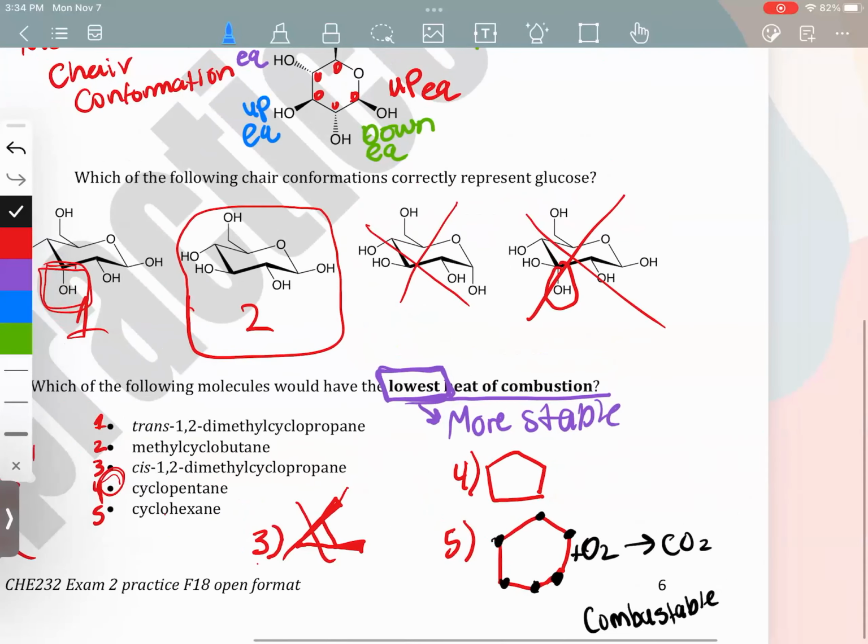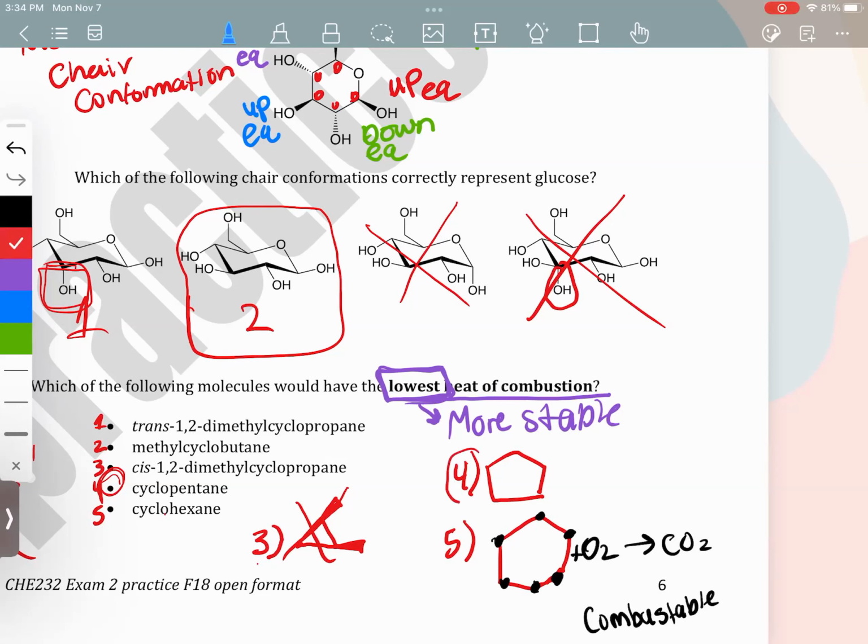Questions? I know he said in the PowerPoint that there was something with cyclopentane and combustion. Yeah, that's when it comes to the ring structure. With the skeletal structures too, it's the same thing, the more carbons the more heat. But in the ring, cyclopentane is stable.